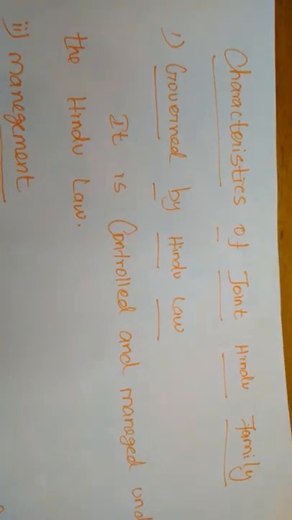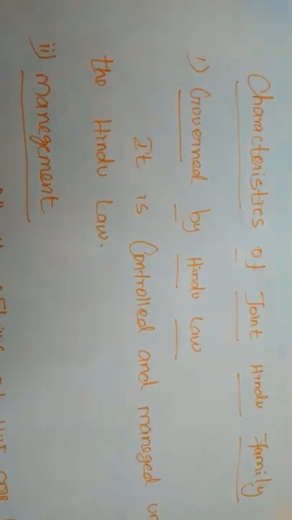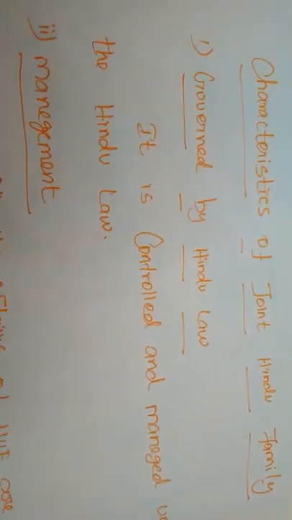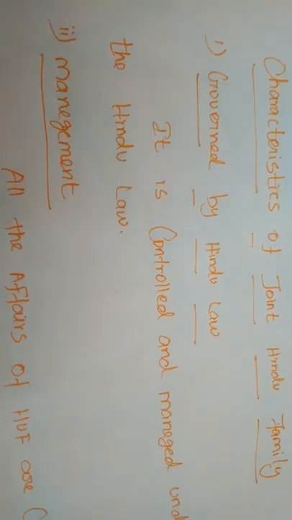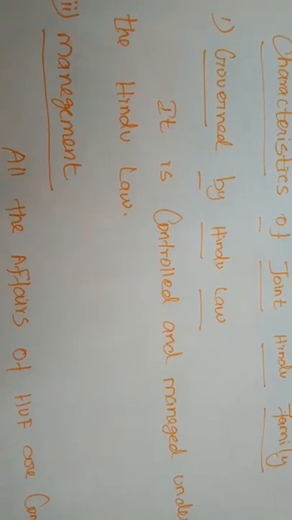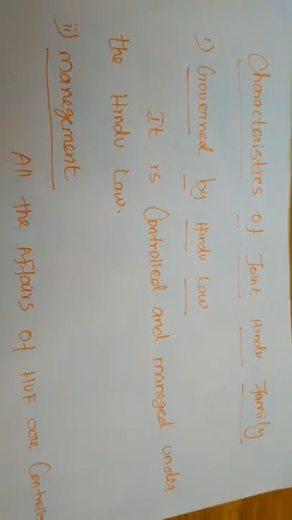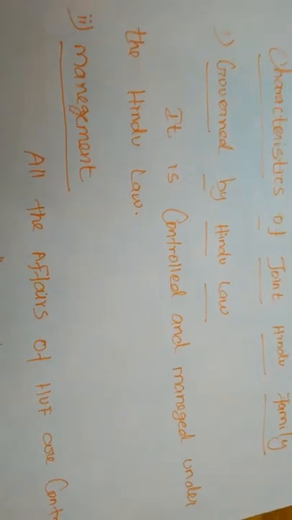Okay, so what are the characteristics of a joint Hindu family organization? What are the characteristics of this joint Hindu family system? First, this joint Hindu family system is governed by Hindu law. So this type of organization is controlled and managed under the Hindu law.